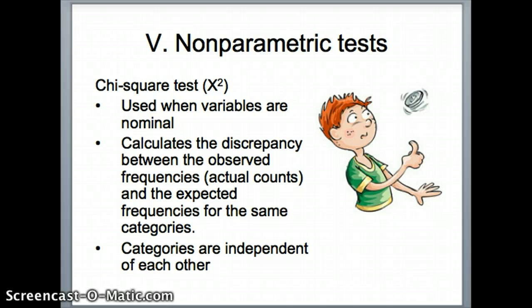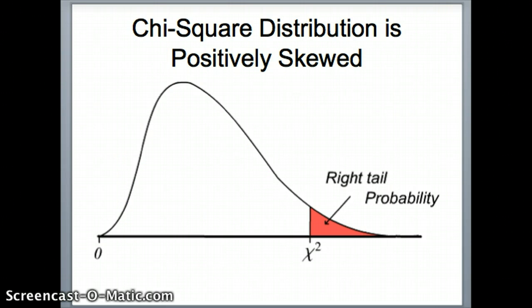And what ends up happening is that the distribution of a chi-square is always going to be positively skewed, because if your observed counts and your expected counts are exactly the same, you will end up with 0, right? So if you expected 50% and you actually got 50%, 50% minus 50% is 0.